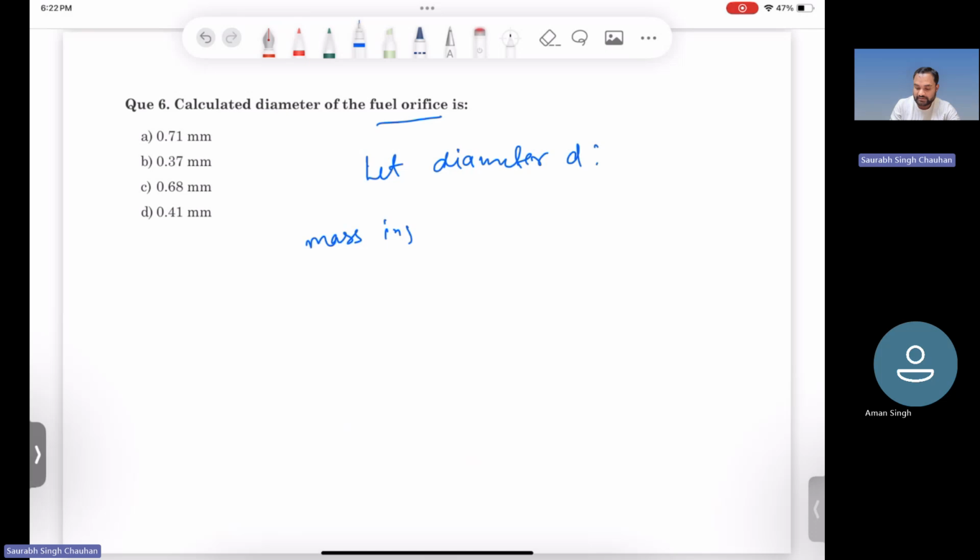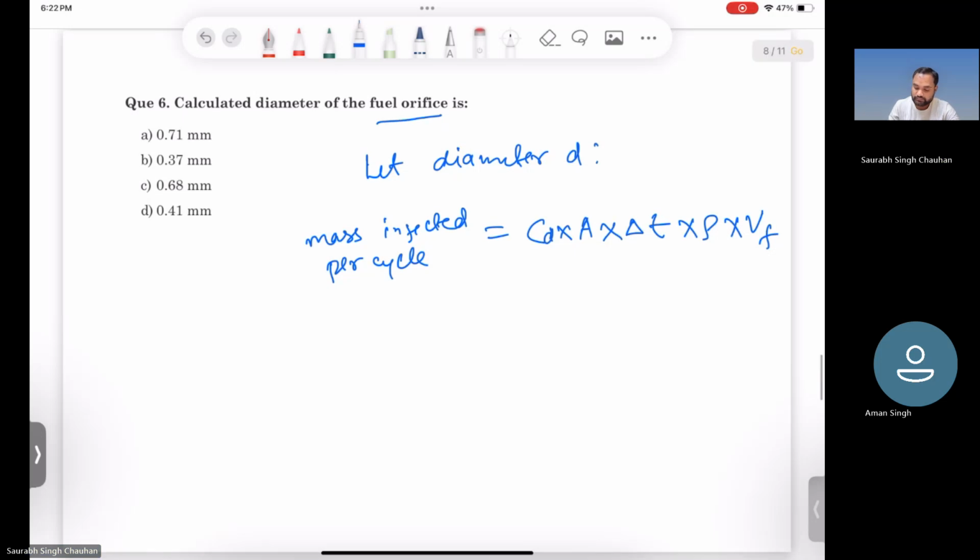Yes. Mass injected per cycle. So this will be area into time into density into velocity and coefficient of discharge, right? This will be mass injected per cycle, correct?